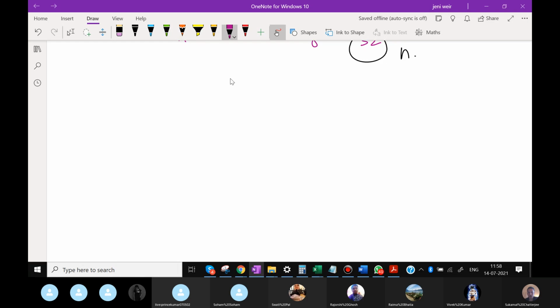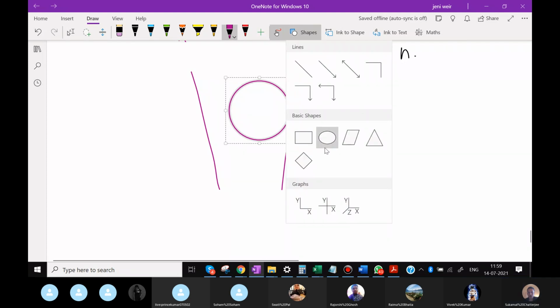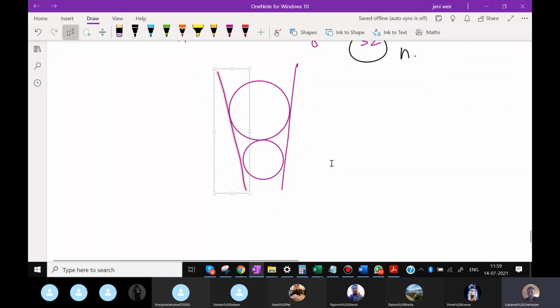So this is not only applicable to a cone, this is applicable to any kind of figure where the sides of the figure will be tangent to both the circles. That is the concept, right?